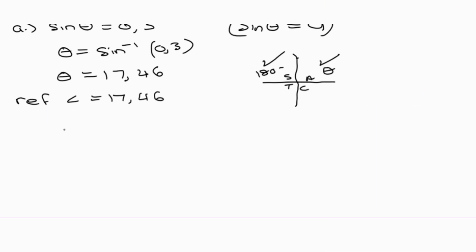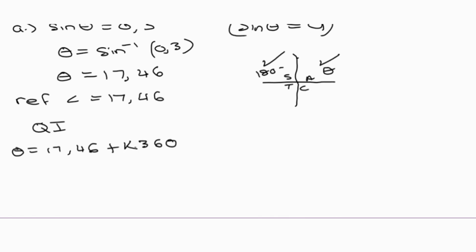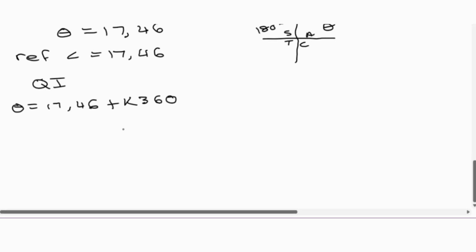Now, when we reduce quadrant 1, we're just going to say theta is equal to 17.46 plus K 360. Why am I saying 360 now instead of 180? If you said it is because it is sine, and the period of a sine graph is 360, you are then correct. Well done.